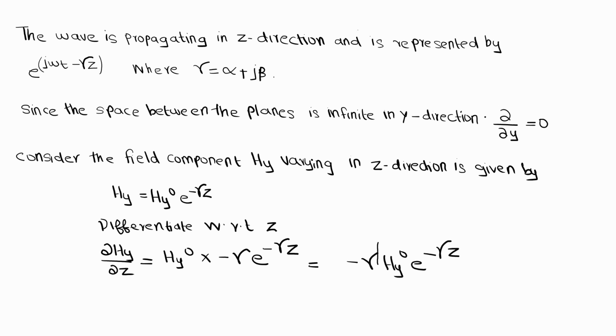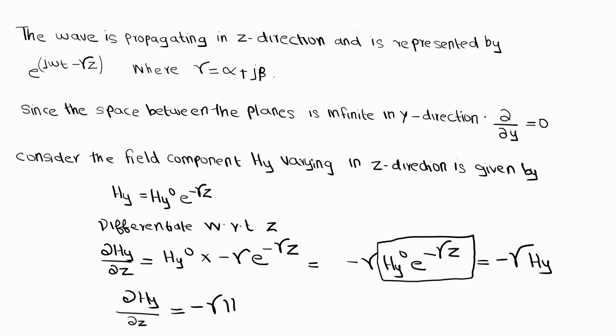From this we can infer that Hy0 e to the power minus gamma z is Hy itself. So it is written as minus gamma Hy. That is ∂Hy/∂z = minus gamma Hy, which implies ∂/∂z = minus gamma.